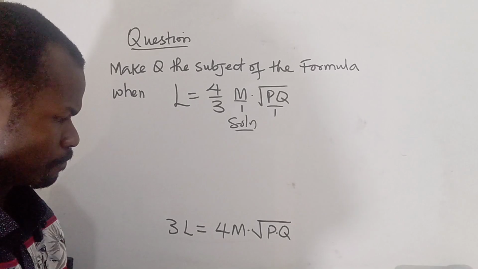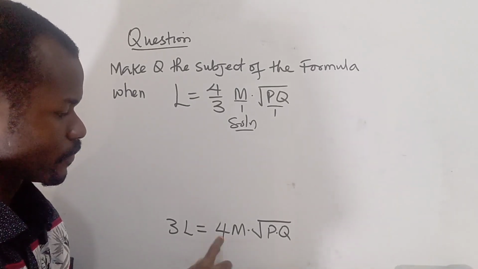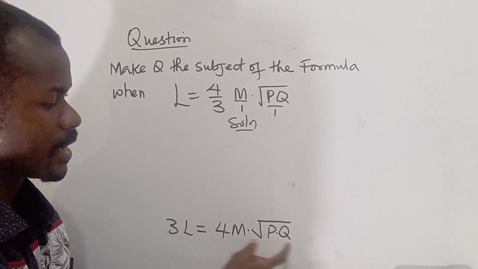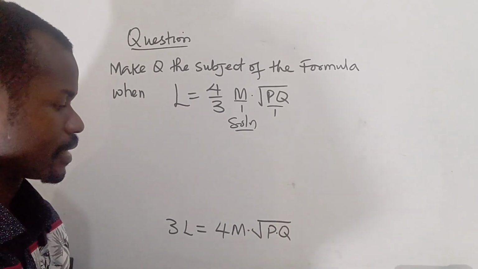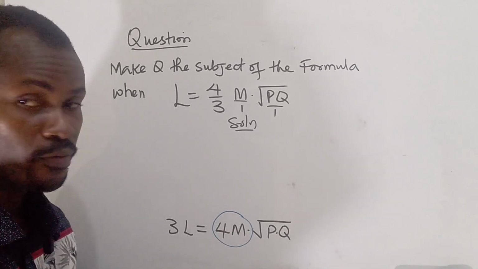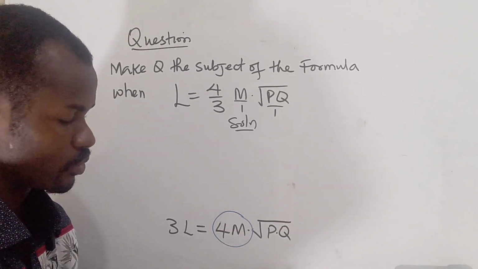Now I can eliminate 4M so that we have this standing alone. So our next step is we want to eliminate 4M. And how do I do that?